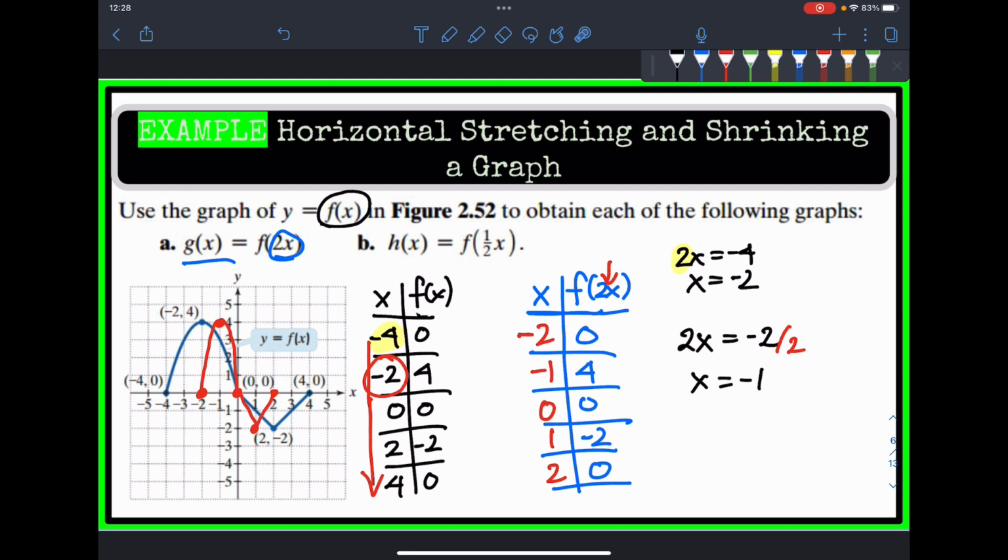And look, see how we compress this horizontally. We pushed this inward along with this, and this one as well. They all got pushed inwards by a factor of 1/2. So we divide by this number because we're essentially solving this equation here in order to maintain the exact same output values.